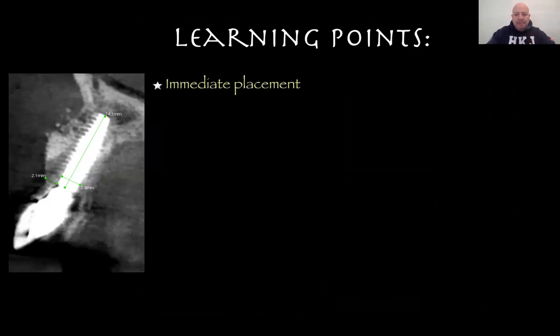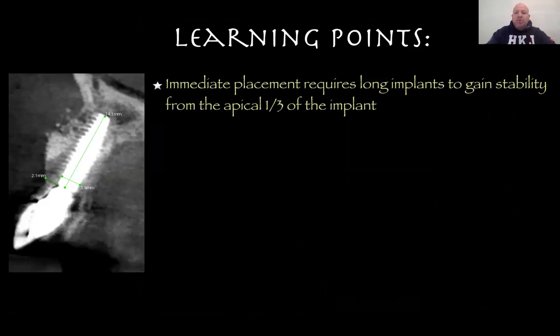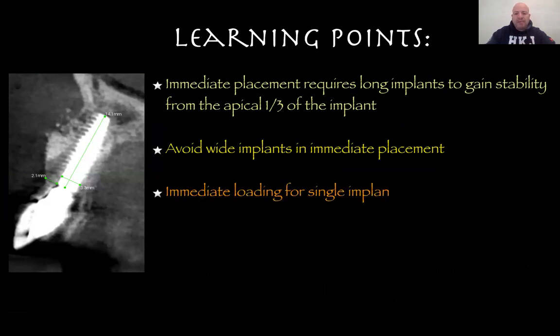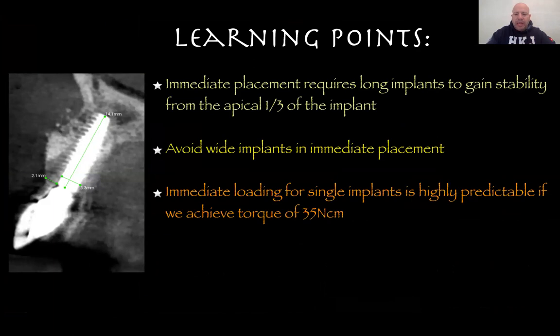So learning points: when you go for immediate implant placement, please go for longer implants rather than wider implants. We avoid wide implants in immediate placement because we don't want to put any pressure on the labial surface of that bone. Immediate loading can be done and it's safe.